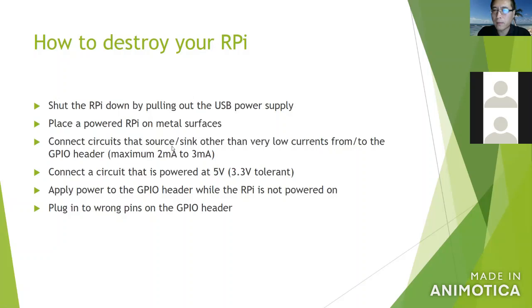Make sure that the highest voltage you apply to your Raspberry Pi is 3.3 volts. And connecting a circuit that is powered at 5 volts is something you want to avoid. The Raspberry Pi is 3.3 volts tolerant. If you apply 5 volts directly to the Raspberry Pi, it's very likely that you will burn the circuit.